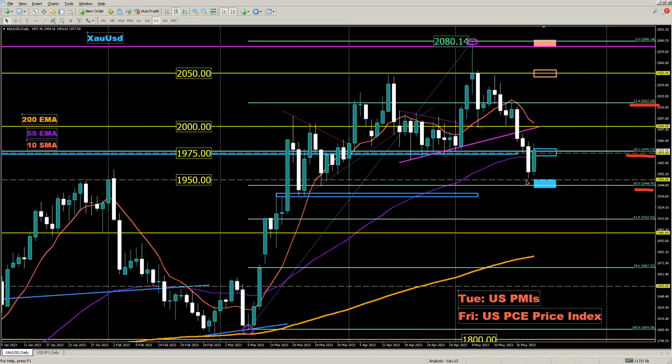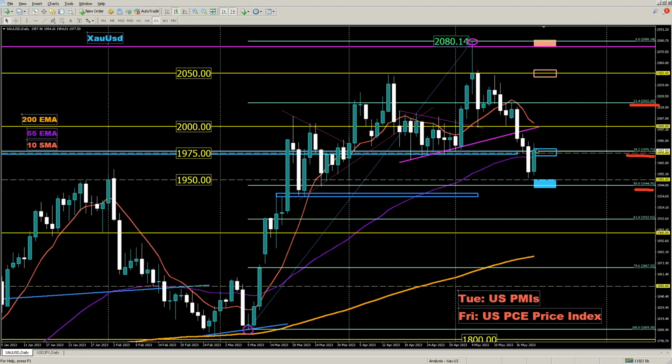It managed to find support just slightly above the 1950. I think it hit a low of just below 1952 before managing to recover on Friday.